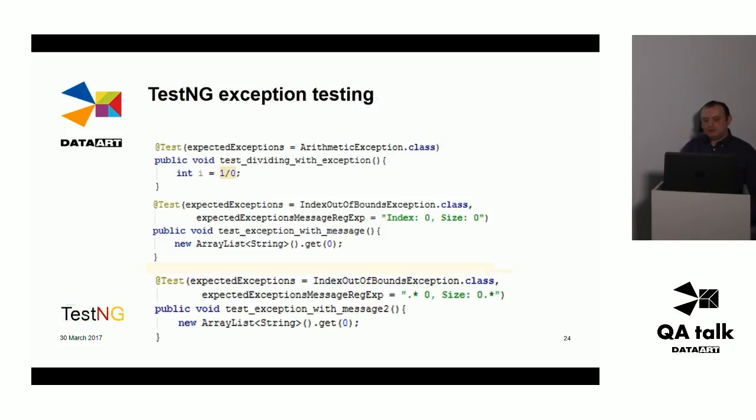But in TestNG, you just have to add these words here, and everything would be in one place. In one place you have the exception that you are waiting for, and you can have here the message, and here you can use a regular expression. Maybe for somebody it is the same, but for me it is very useful.